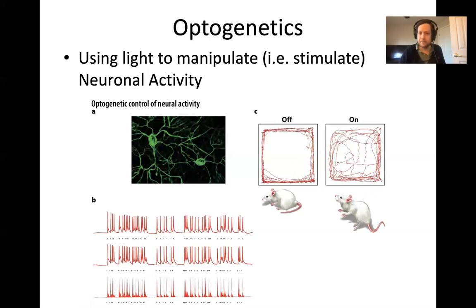In interesting but somewhat mysterious ways, the researchers can make it so that if a light is shined onto the neurons, that can cause those neurons to fire action potentials. So that's the opto part. It makes the neurons light sensitive.